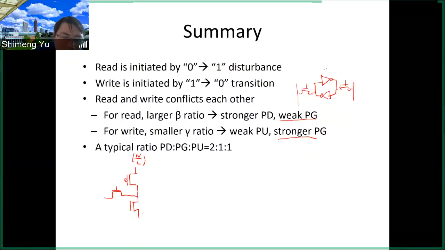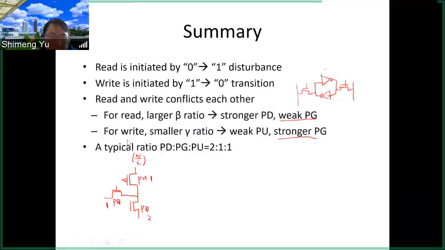So here, this is a PD, pull down, cascade, PG, and pull up, PU. So pull up is PMOS. If you have two of the W over L for the pull down, and then one for the cascade, and then one for the pull up, then you can satisfy the condition here.